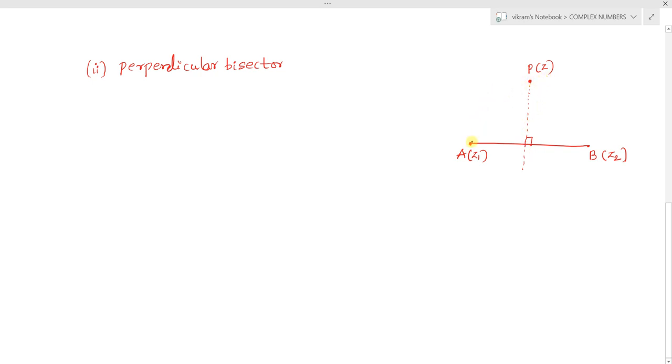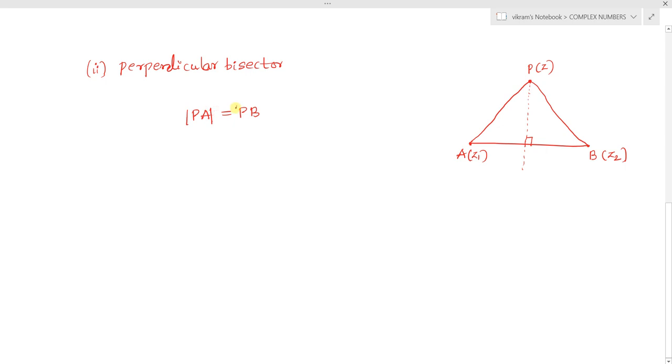In this case, whenever it is a perpendicular bisector, the distance from point A to P and from point B to P must be equal. So for a perpendicular bisector, PA must equal PB. In vector form, PA is OA minus OP, and its modulus is the length.